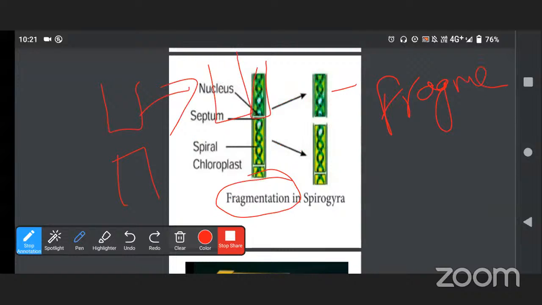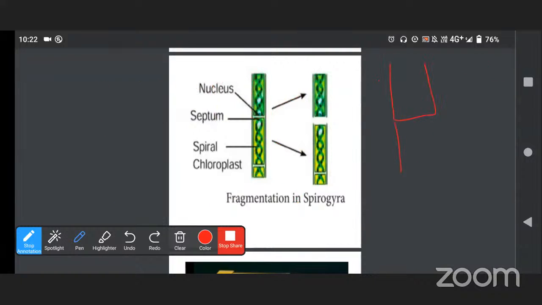So I repeat, fragmentation is a process of asexual reproduction. Multicellular organisms generally reproduce by this process. Spirogyra is a multicellular organism. It reproduces by the process of fragmentation. When any part of Spirogyra breaks, then from this broken part a new individual will start to grow. This is known as fragmentation.